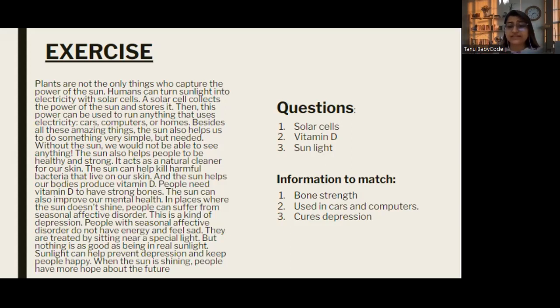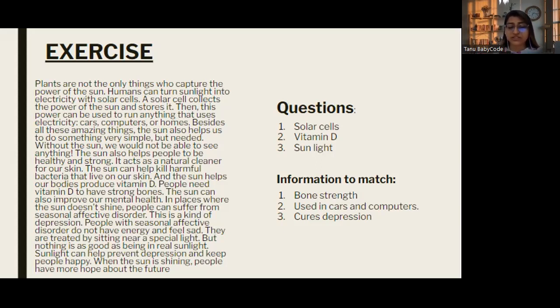So you can see as an option that solar cells can be used to run anything that uses electricity. It can be cars, it can be computers. So the answer is B. It is used in cars and computers.